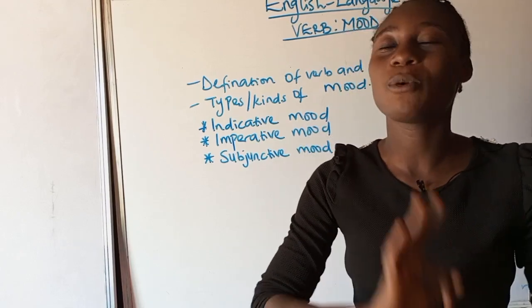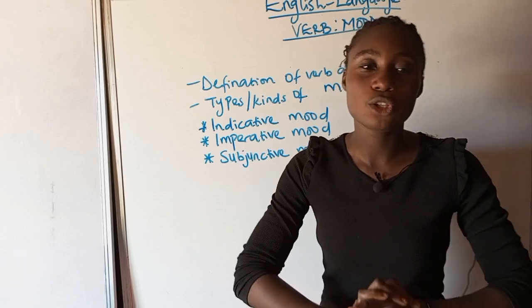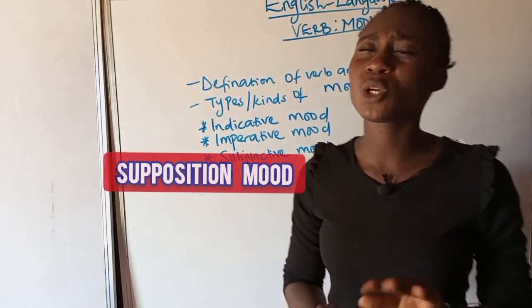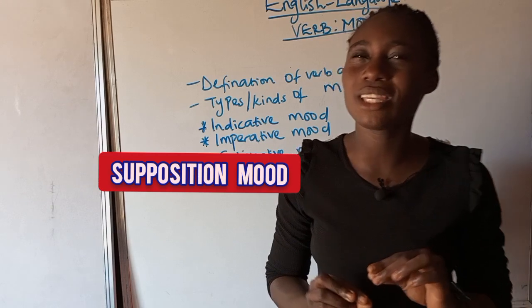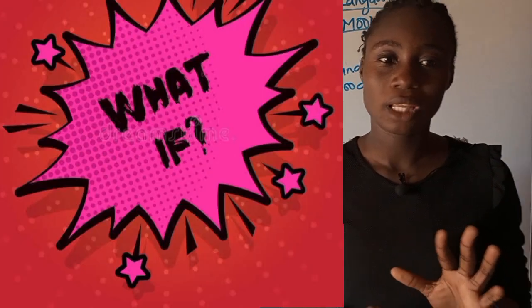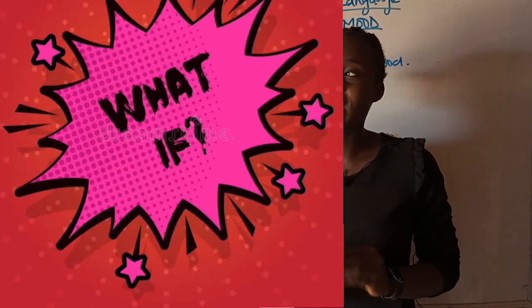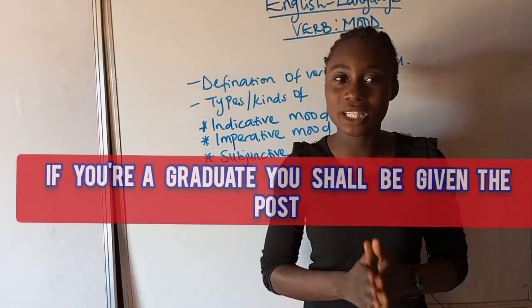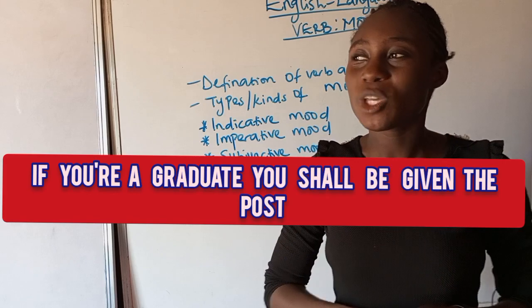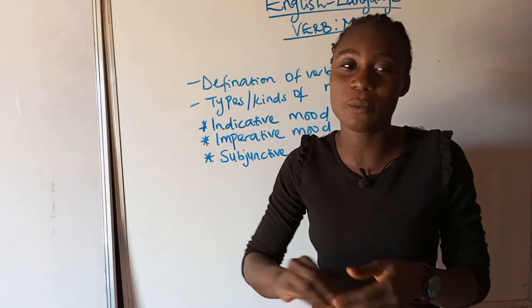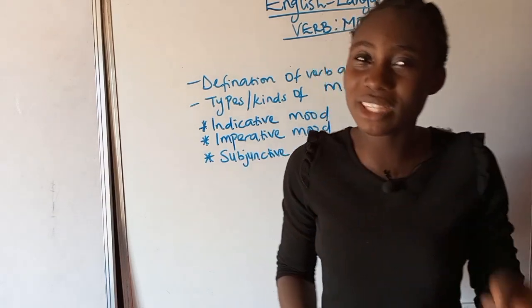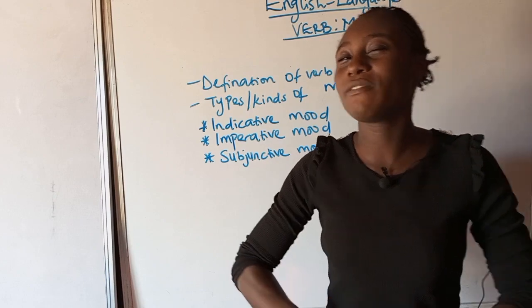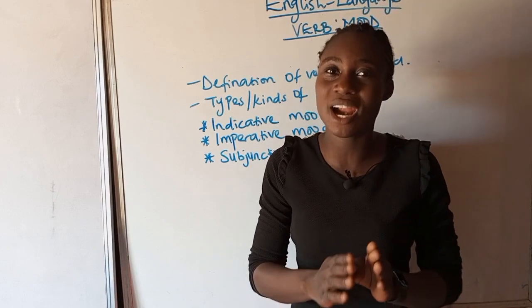Now the third type of indicative mode is the supposition. This supposition can be seen as a condition. An example is, if you are a graduate, you shall be given the post. There is a condition before you would be given the post, and the condition is if you are a graduate.